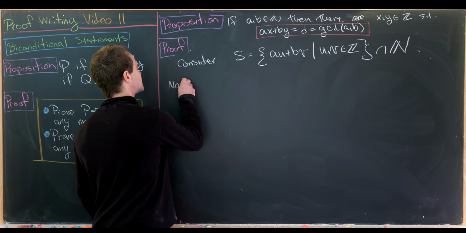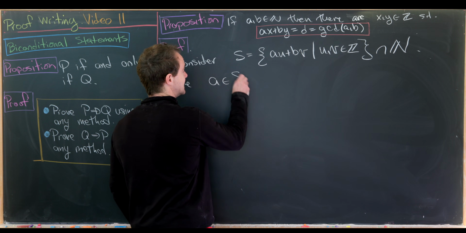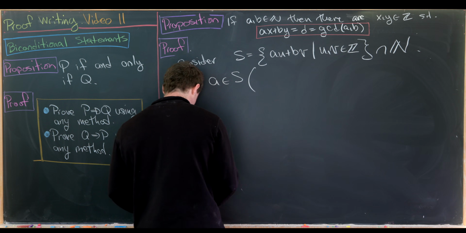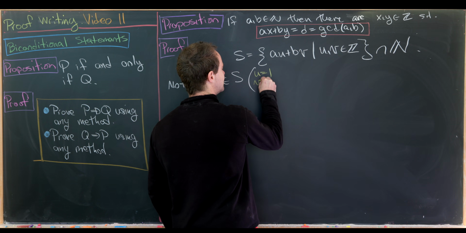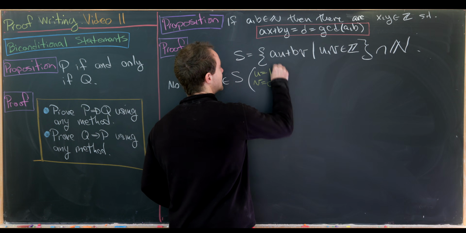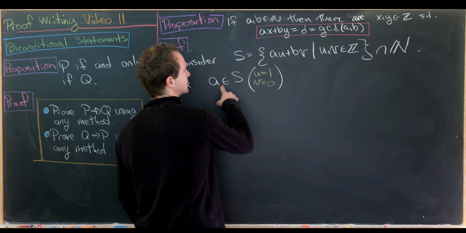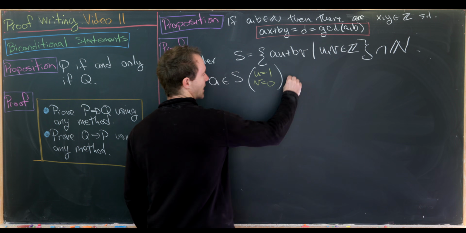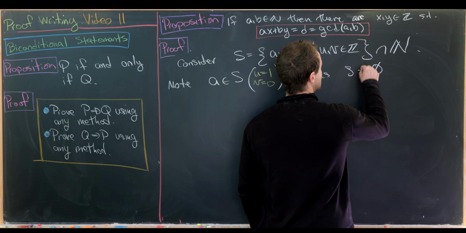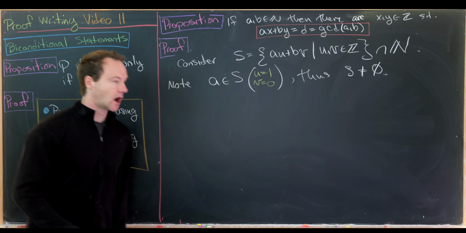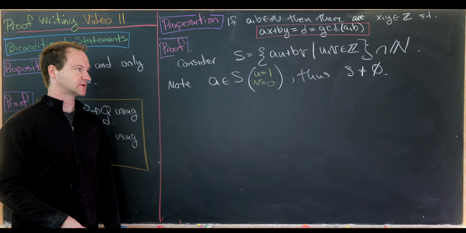And so now let's note that the number a is in S. Well, so notice that we get the number a by taking u equal to 1 and v equal to 0. And since a is a natural number, it's both in this set and that set over there. But what that really tells us is that S is non-empty. So we have a non-empty set of natural numbers.